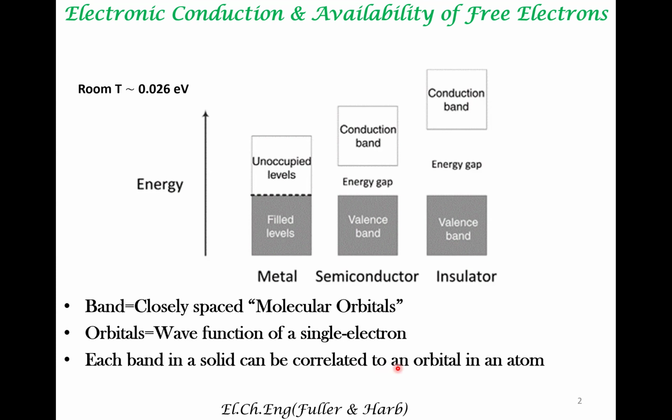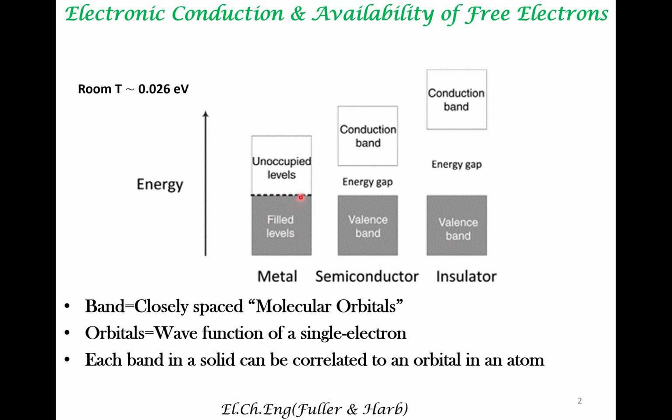In a metal, there is no or negligible energy difference between a filled orbital and an unoccupied energy level. If this is the case, when you apply an electric field, which typically involves excitation of the electron, the electron has to go from an occupied level to a higher energy level.